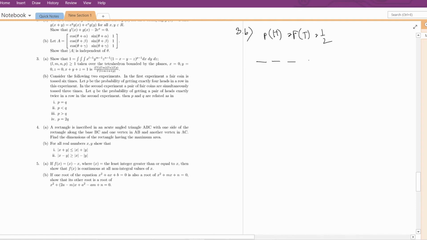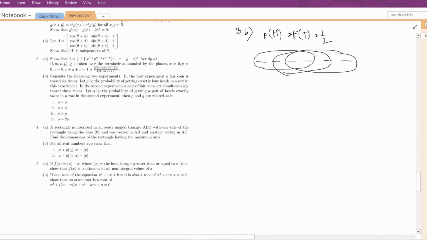So there are total 6 places. We have to choose 4 heads in a row. So this can be this place, these can be 4 heads, and these 2 can be 2 tails. Or we can choose the middle 4 as heads, the other 2 then will be tails, and we can choose the last 4. These will be heads and these 2 will be tails.